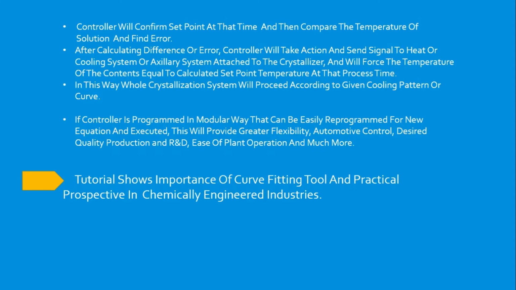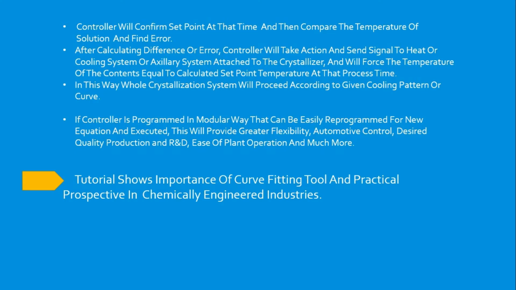In this way, the whole crystallization system will proceed according to the given cooling pattern or curve, and we can say that our crystallizer is controlled, not uncontrolled, program controlled.